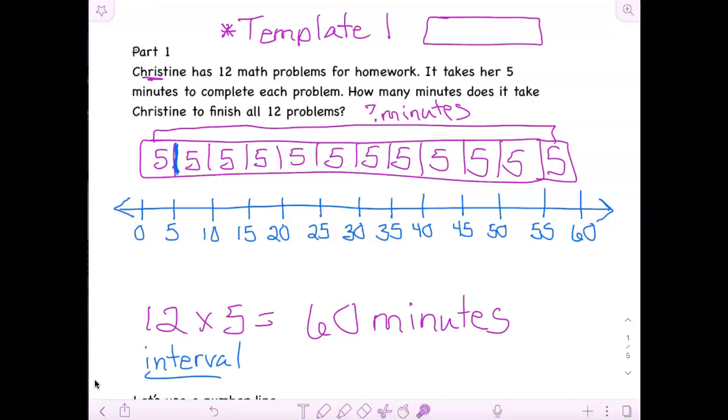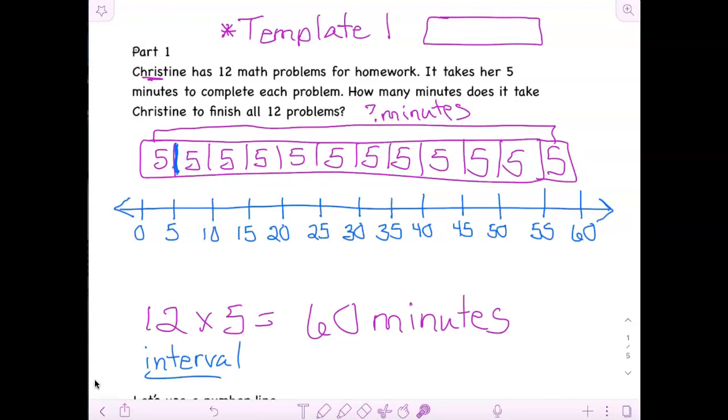How about if she does 7 problems? How long will it take her to do 7 problems? Jump with me and count on your fingers till we get to 7 intervals. 5, 10, 15, 20, 25, 30, 35. That's 7 intervals, 35 minutes.